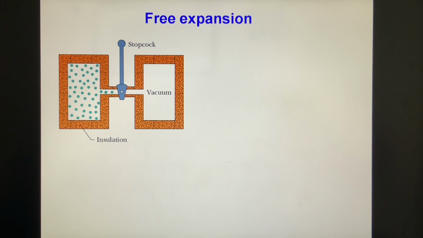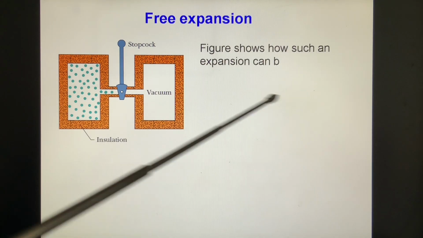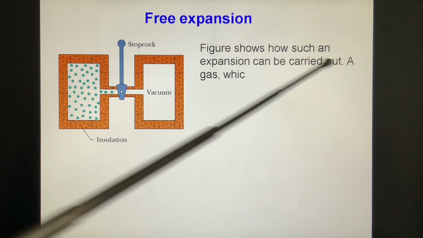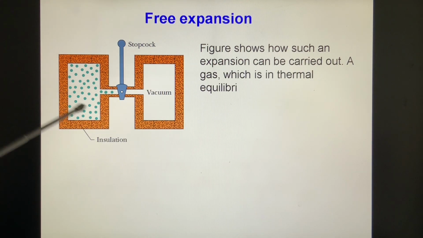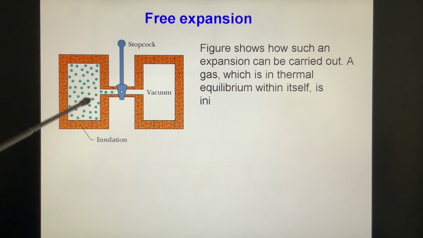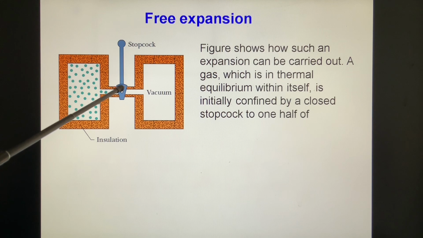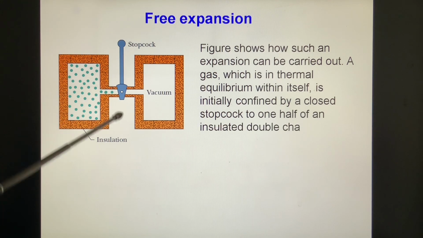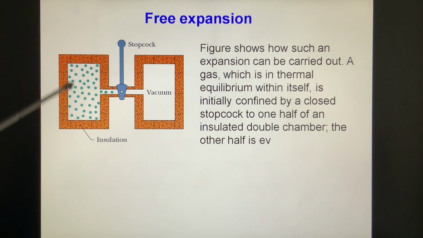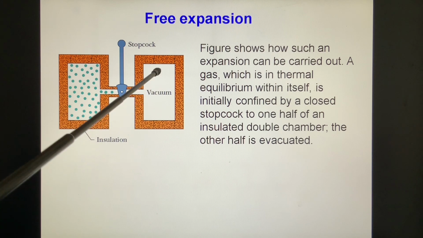Free expansion. This shows how such an expansion can be carried out. A gas, which is in thermal equilibrium within itself, is initially confined by a closed stopcock to one half of an insulated double chamber. You have a double chamber, but the gas is only in one half. The other half is evacuated, it's a vacuum.